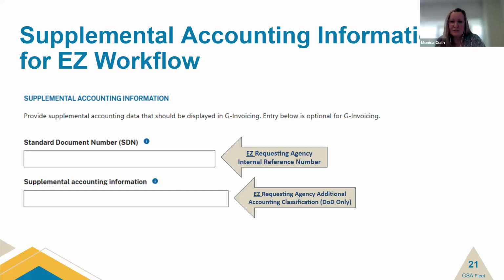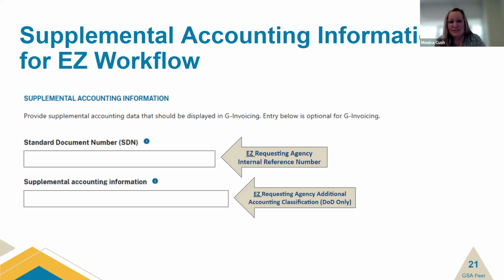So the Wallet account for civilian agencies will look very similar to our DoD agencies, where we're no longer asking for specific fields such as the FSN, the OBAN, the limit. Instead, we're offering two optional fields. Once your BOAC has been deemed G-Invoicing ready and toggled yes, you'll have the option of entering these two fields in Wallet. And these two fields are actually directly mapped to your EZ record.